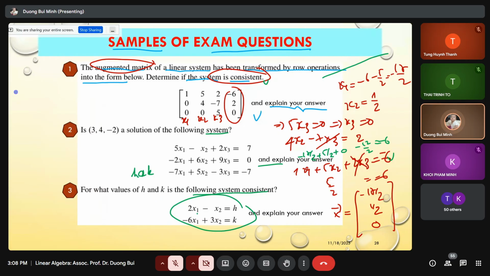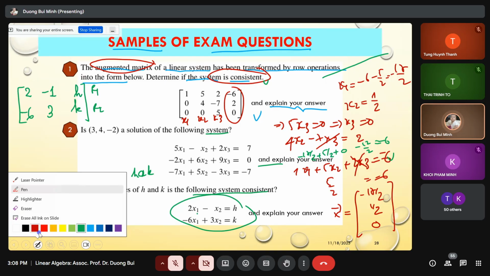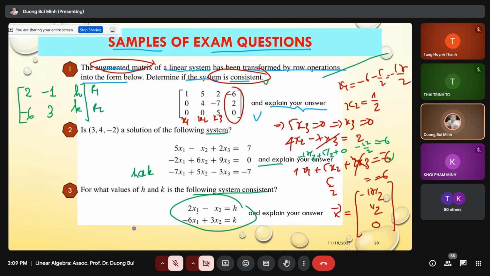Now we have the augmented matrix, right? The augmented matrix is: 2, minus 1, x, minus 6, 3 and k. This is row 1, this is row 2. I would like to eliminate the minus 2x1, so minus 6x1.